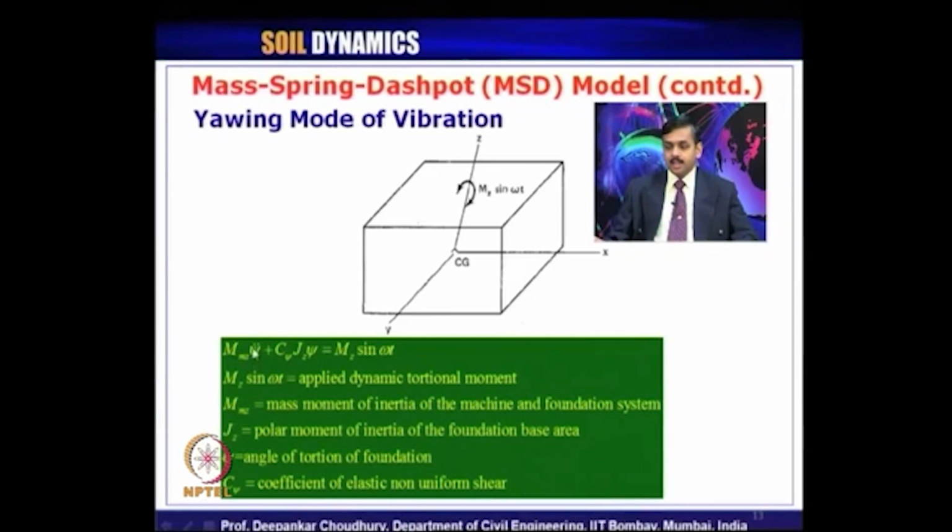So, mmz psi double dot is nothing but the inertia force, plus c psi jz psi is nothing but the spring force, which will equal mz sin omega t, that is the externally applied dynamic load.